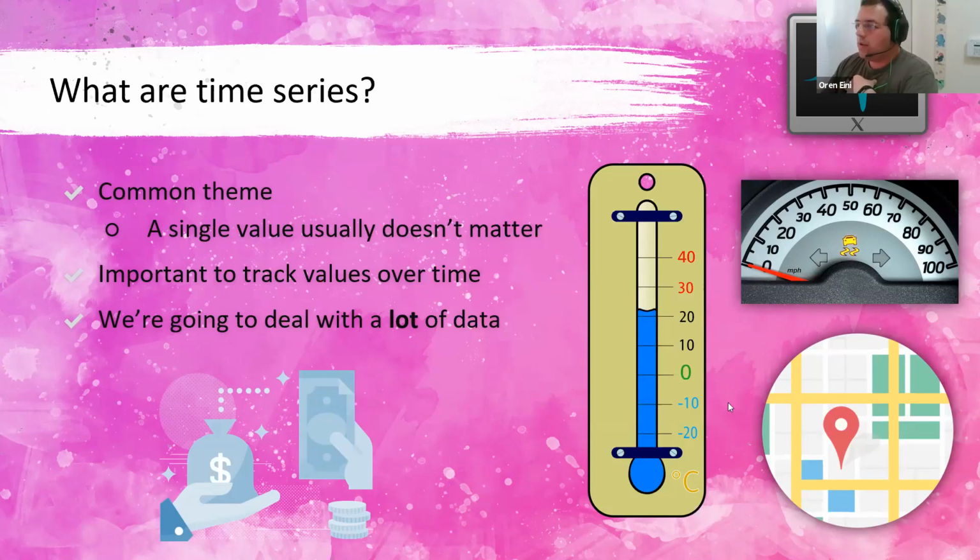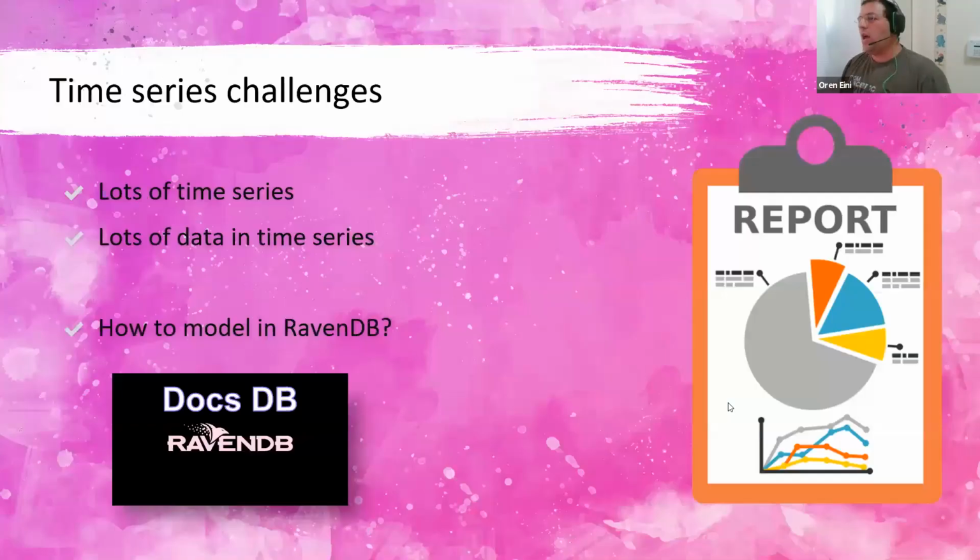So now I want to look at that. We have 2 separate scenarios that we have to deal with. One is that we have a lot of independent time series, and the other is that we have a lot of data in a time series. Let me try to explain what I mean by that. If you have lots of independent time series, a good example might be if you want to track the CPU statistics per server over time.